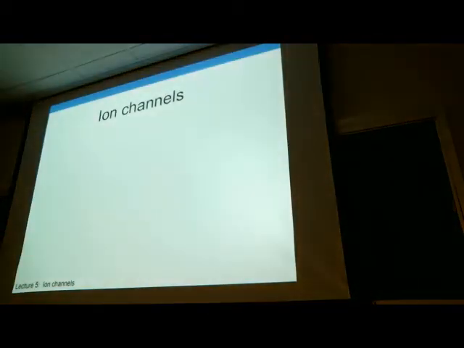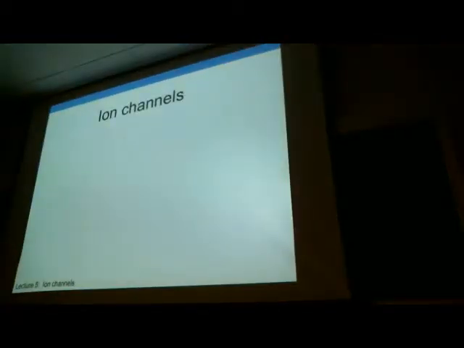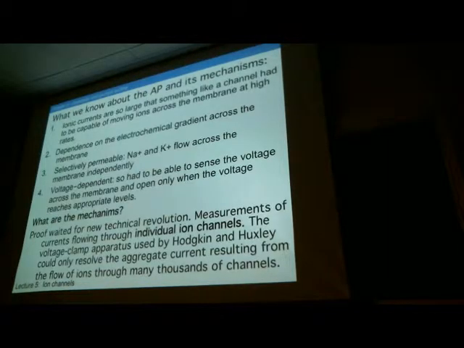So now we're going to continue talking about ion channels, but more in terms of what ion channels are really about. Okay, so we talked about the action potential. This is basically just summarizing what we just did. So we know that ion channels are voltage dependent.